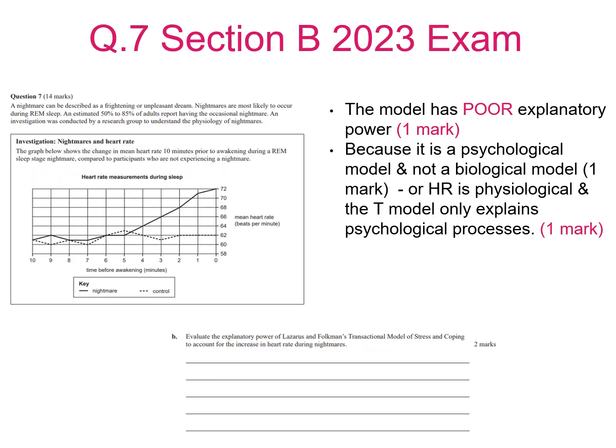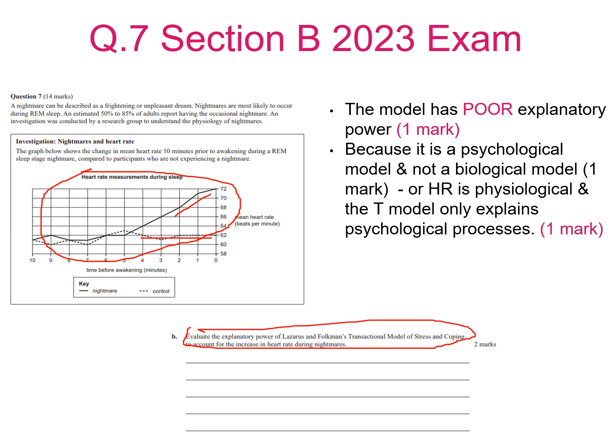So I know this is a bit small on your screen, but we've got a scenario here where we're measuring heart rate during a night's sleep. We've got a nightmare phase here, and we've got a control phase here. And the question's asking to evaluate the explanatory power of the transactional model in terms of the increase in heart rate. So 1 mark if you said that this model has poor explanatory power for explaining an increase in heart rate.